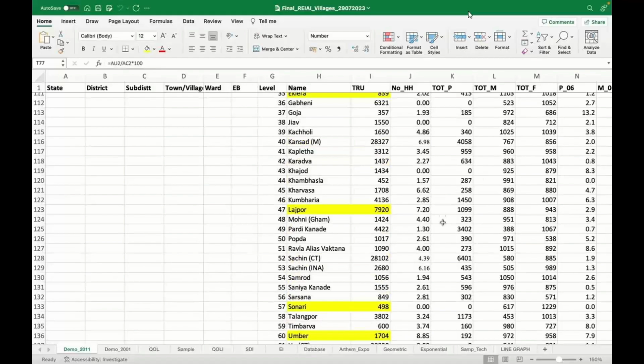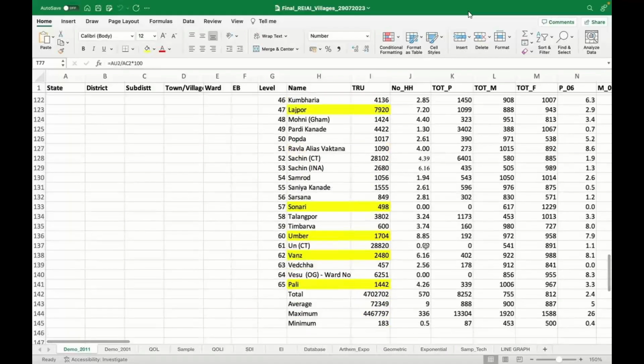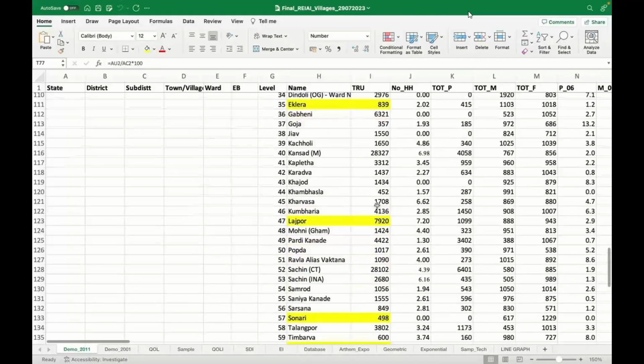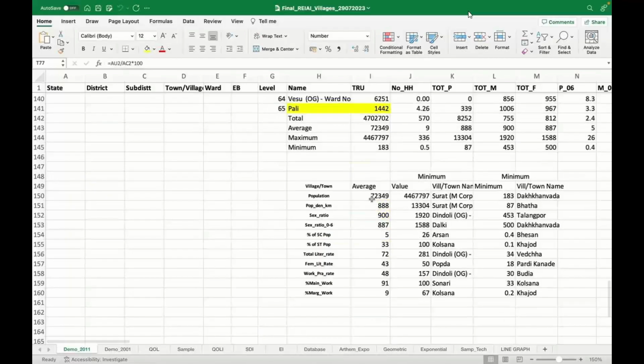You can use this data to narrate your findings in the baseline survey. So what you have to do is calculate the total, average, maximum and minimum. In your area, what is the average population? Which village is having the maximum population? Which village is having the minimum?